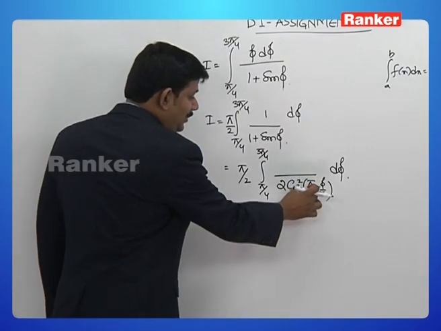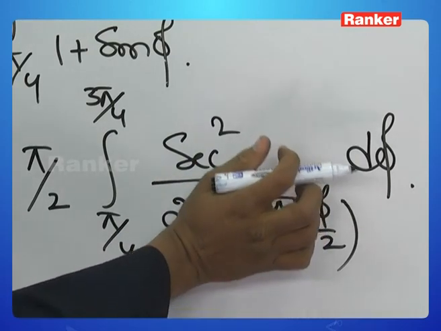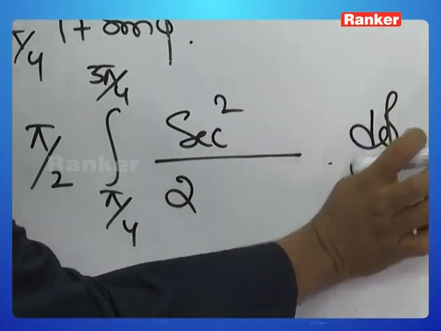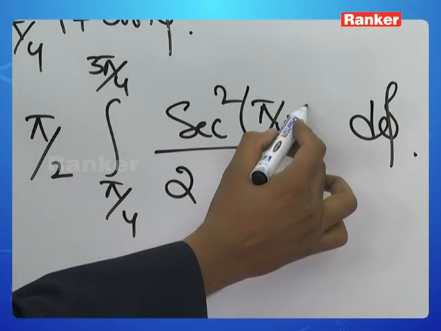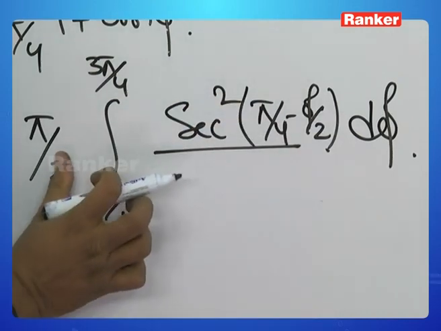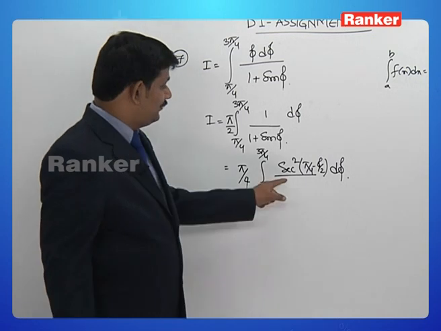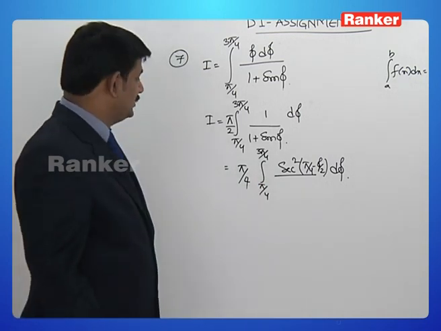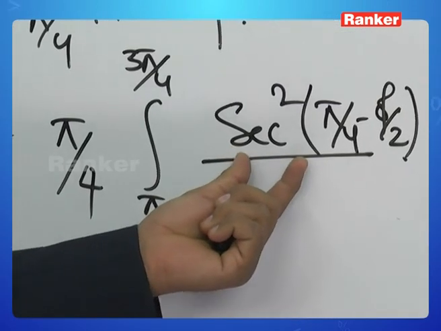Now, 1 by cos square is nothing but secant square. So, this 1 by cos square of pi by 4 minus phi by 2 I can write as secant square of pi by 4 minus phi by 2, and this 2 can be brought out of the integral, making it pi by 4. Integral of secant square theta, we know, is tan theta.